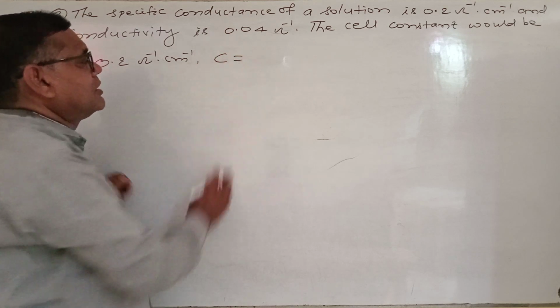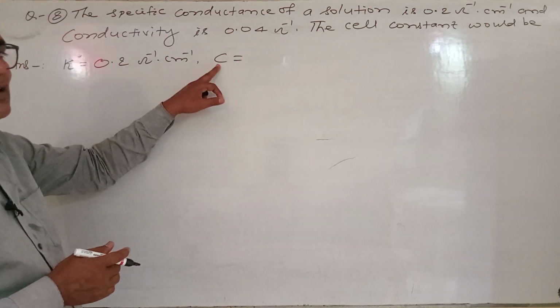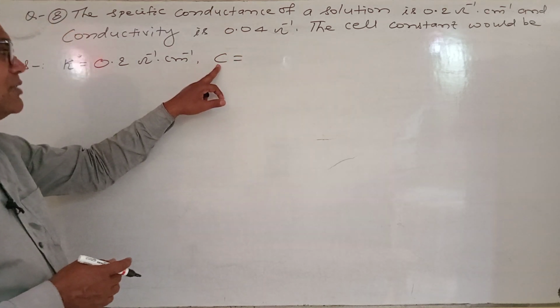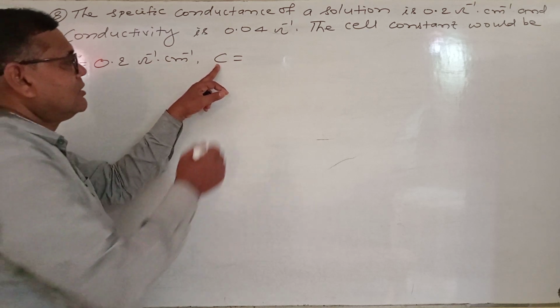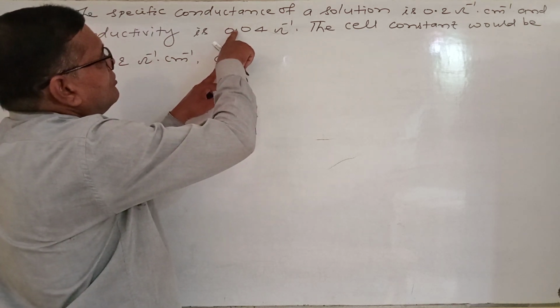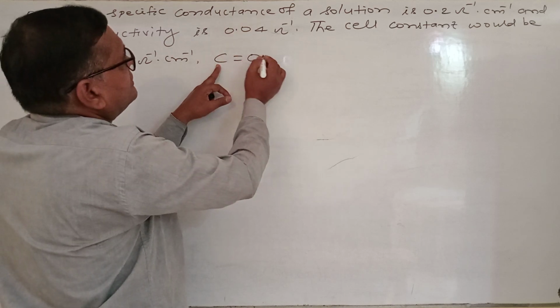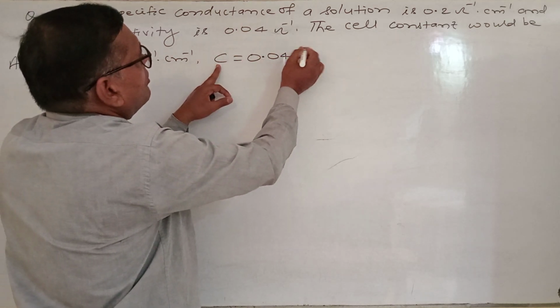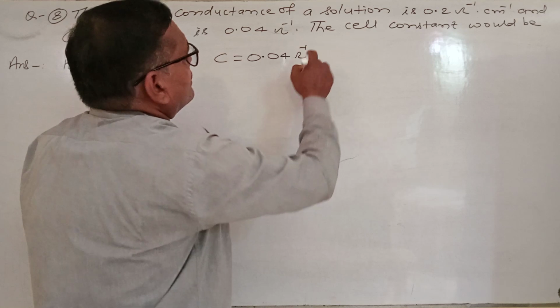The symbol of conductivity is C or G. Here we write only C. The value of C in the question is 0.04. Here we write 0.04 ohm inverse.